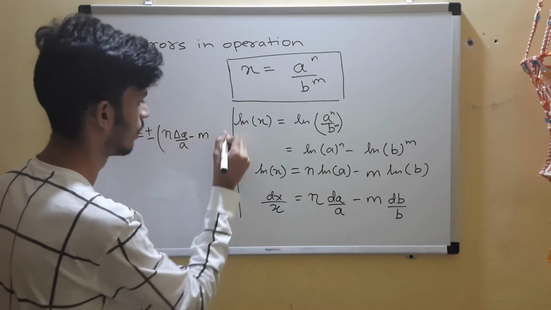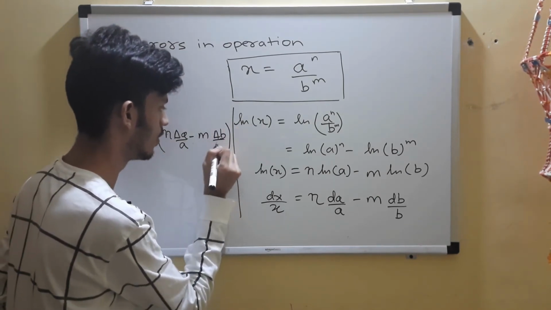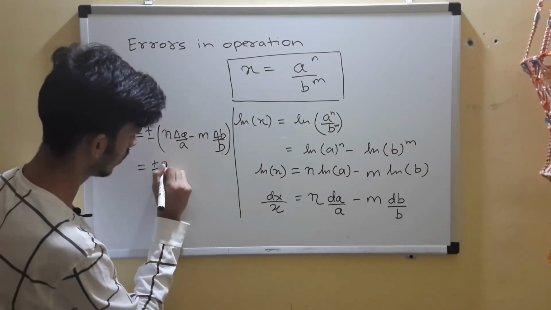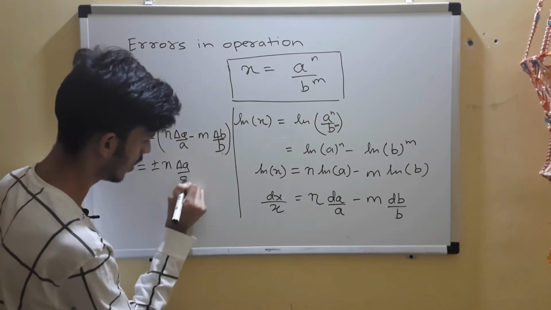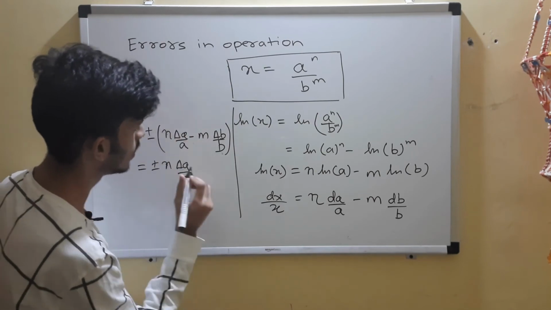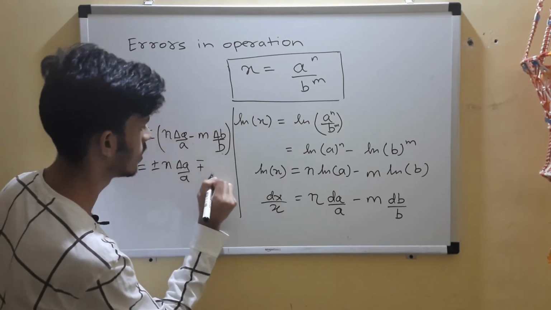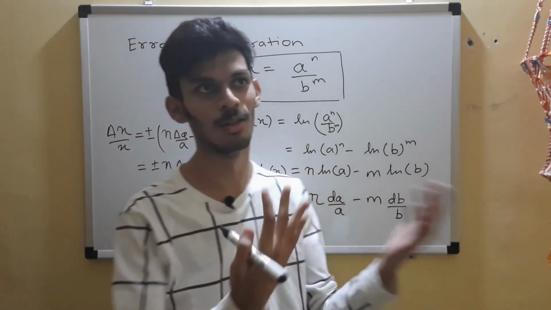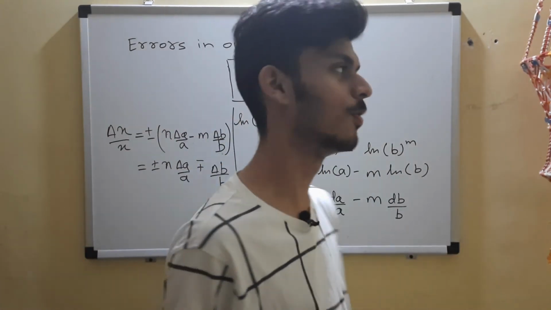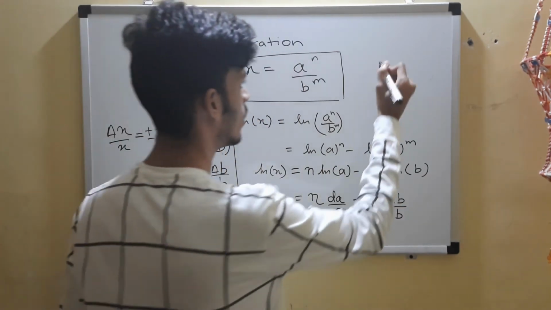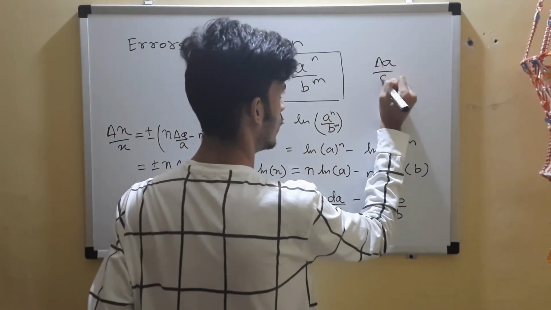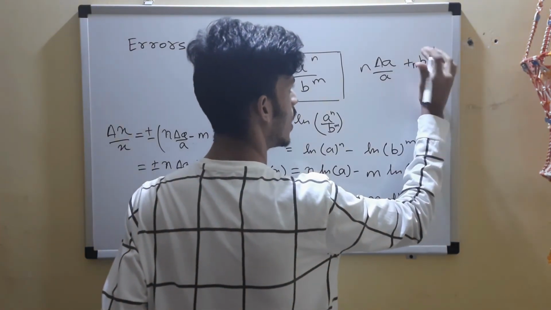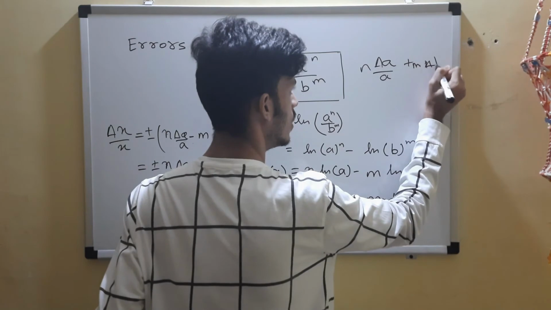Okay, I'll put delta b by b. So I need to do one more step before we can conclude the answer, delta a by a, and here you multiply this sign in, so it becomes minus plus. Doesn't really matter. Okay, now what will you do? Look for the combinations, and you already know which one will contribute the most. The one with both signs positive, which is n times delta a by a plus m times delta b by b.